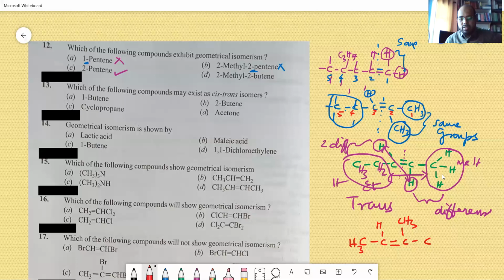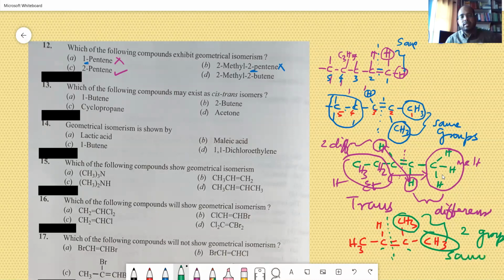Here you will have CH3. Across the double bond you have to draw a line there, this is one C and this is another C, across which you have to see. So here you see two groups the same. Therefore this also does not exhibit it. So your answer should be the second one, which exhibits geometrical isomerism.